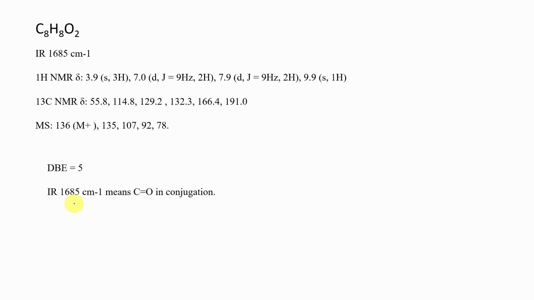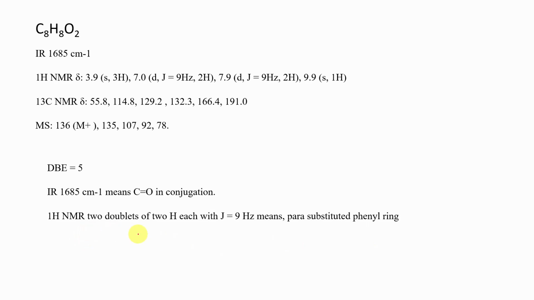Then the IR value 1685 cm⁻¹ is a low value, which indicates the carbonyl group is in conjugation, maybe with the aromatic ring. Then the proton NMR indicates two doublets of 2 hydrogen each with coupling constant J equal to 9 Hz, meaning a para substituted phenyl ring.